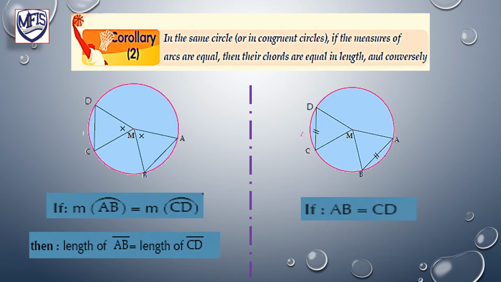And vice versa. If the length of a chord equals the length of another chord, then the measure of the arc equals the measure of the other arc. That means if the measure of an arc equals another measure of arc, so the length equals the length, the chord equals the chord.